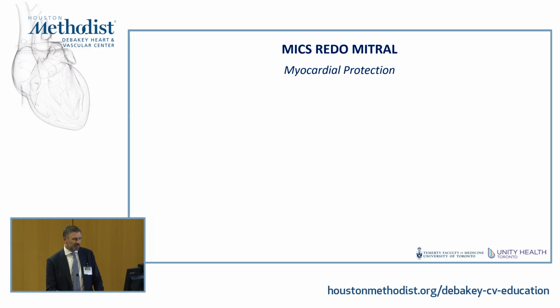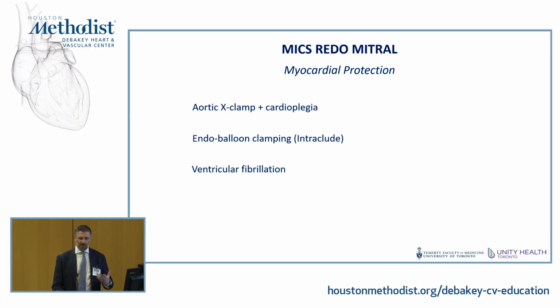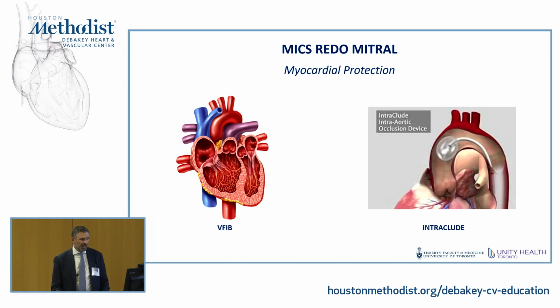In terms of myocardial protection, we could theoretically use the external clamp and cardioplegia, endoballoon, or ventricular fibrillation. As I mentioned, it's less likely that you will have an external aortic clamp and cardioplegia, so the two most likely approaches are ventricular fibrillation and endoballoon.